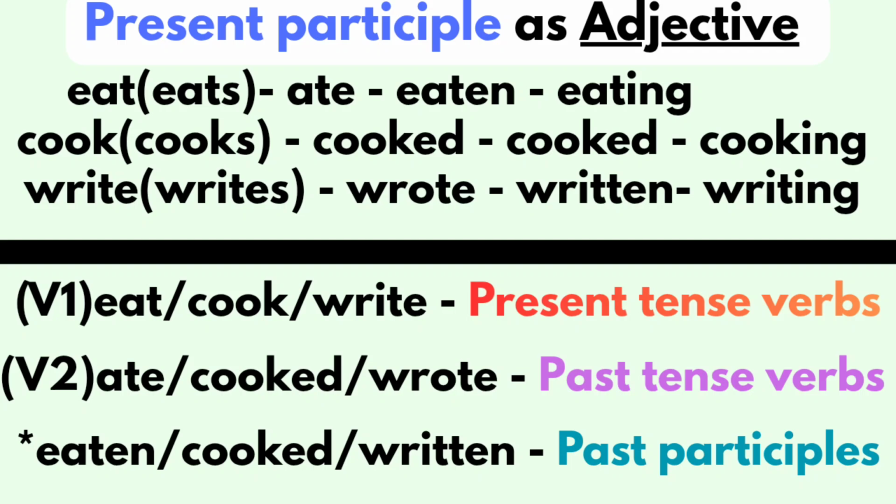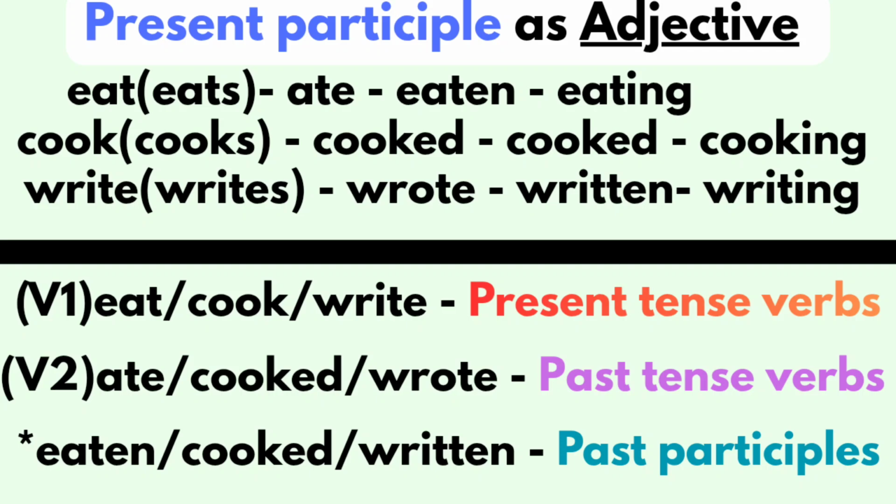V1, you take any verb, it has V2 form, V3 form, V4 form, right? V1 forms are like present tense verbs. V2 forms are past tense verbs. V3 forms are like past participles. We'll discuss V4 form of verbs. Those are the ing forms of verbs.